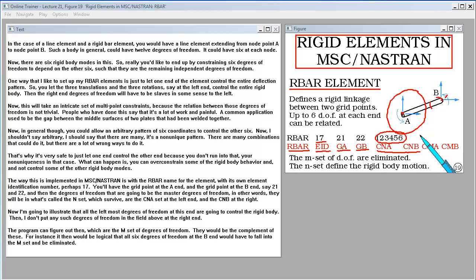Then I don't put any such degrees of freedom in the field above at the right end. The program can figure out then which are the M set of degrees of freedom. They would be the complement of these. For instance, it then would be logical that all 6 degrees of freedom at the B end would have to fall into the M set and be eliminated.